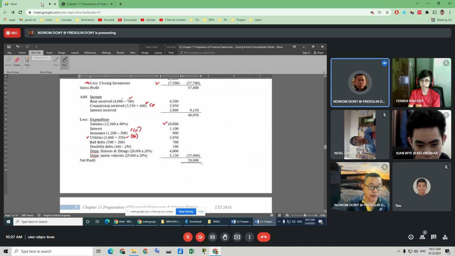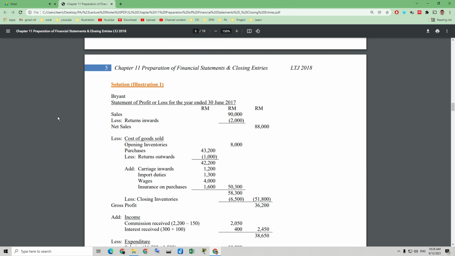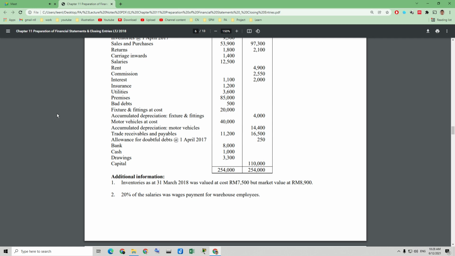And how do we get 700? Again, this is 4,900 per year. So you divide by 12 lah. Divide by 12 and then 408.33 times 2 months. Oh, sorry, what was the question? 14 months rental was received.